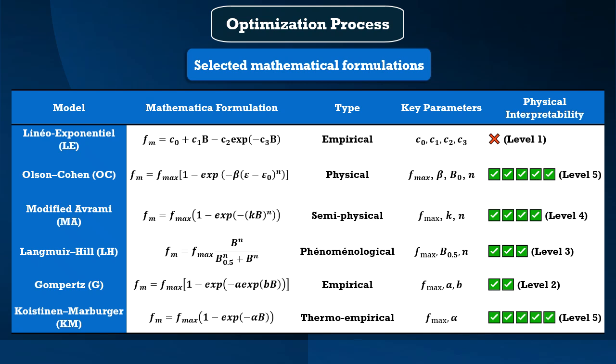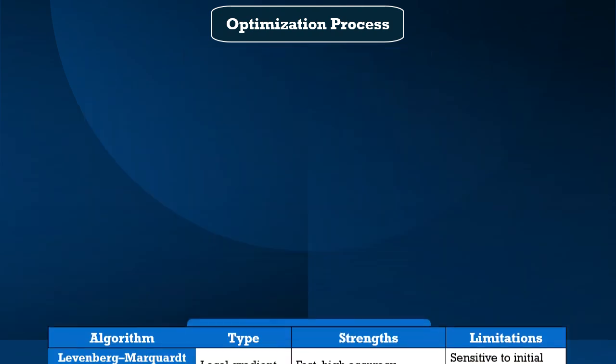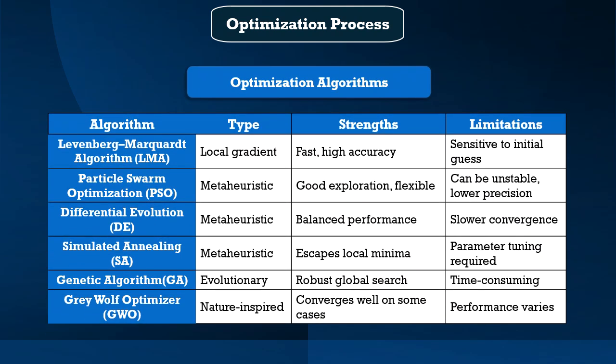This diversity let us compare both predictive accuracy and how well each model reflects the actual transformation process. To optimize each model, we used 6 algorithms ranging from local to global strategies. This diversity here helps assess not only accuracy but also the robustness of the optimization process.